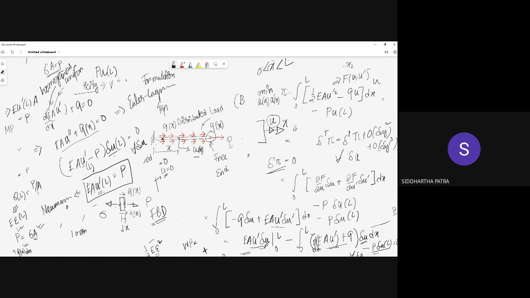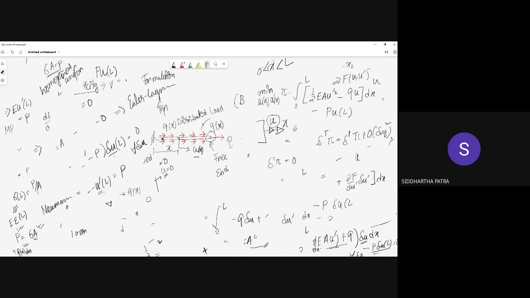So what would be Newton's approach? Newton's approach would be to draw free body diagrams.